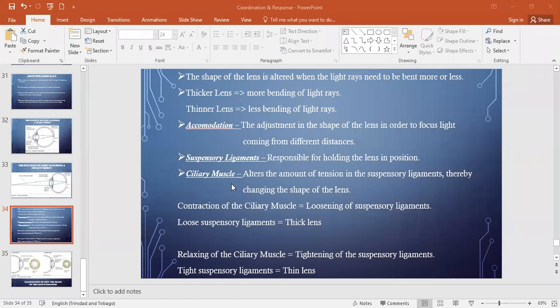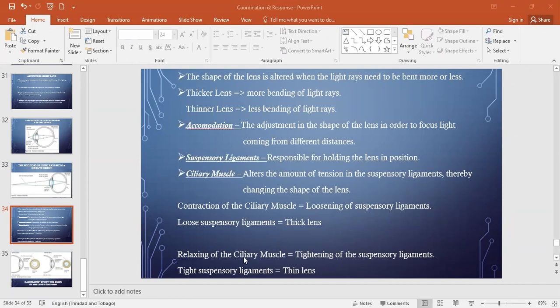So you have these muscles that will either increase or decrease the tension in your suspensory ligaments, and that will change the overall shape of the lens in order to accommodate the bending of the light rays, whether more bending or less bending. All right, so this is how it works here.